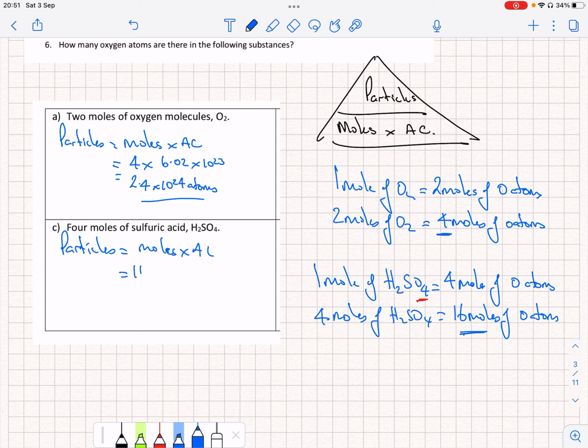Let's put that into the equation. 6.02 times 10 to the power of 23. Put my calculator on, so it's 16 times 6.02 times 10 to the power of 23, and that gives me an answer of 9.63 times 10 to the power of 24, and that's going to be atoms.